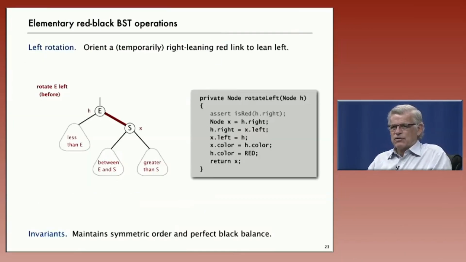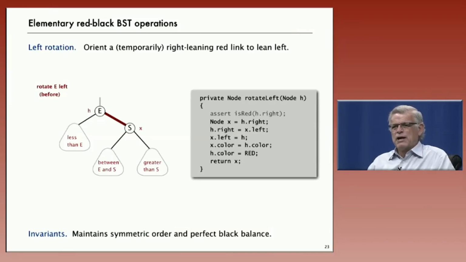All right, so now there's a couple of elementary operations that we have to perform on red-black trees called rotations. The idea is that during the construction of a tree, or during an insertion operation, sometimes we wind up with red links that are leaning in the wrong direction. So we'll need what's called a left rotation. The job of that operation is to take a right-leaning red link that is there for whatever reason and reorient it to lean to the left.